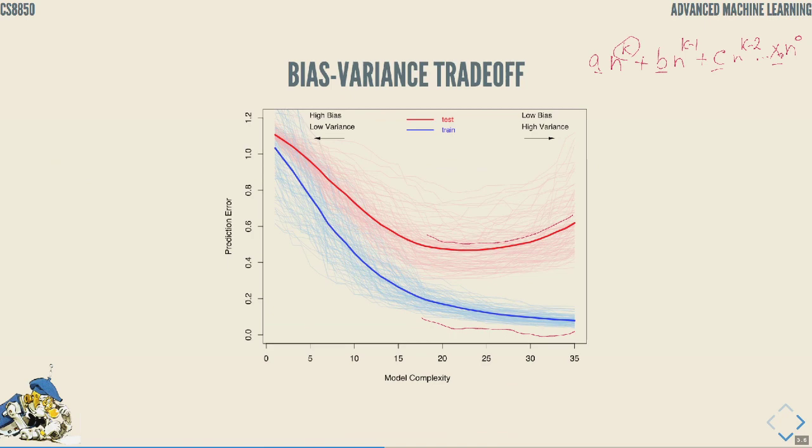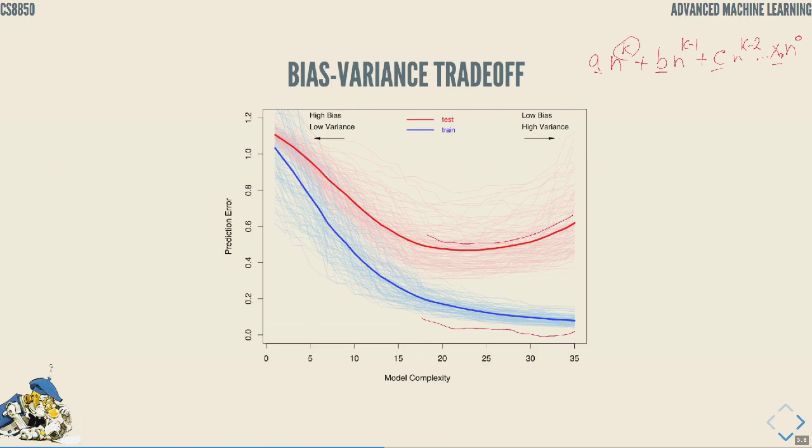Initially when you have just a few parameters in the model, you have low variance in your test, but then you have high bias, that is high error. But once you continue to train, you have lower bias, your error goes down, but you have high variance.